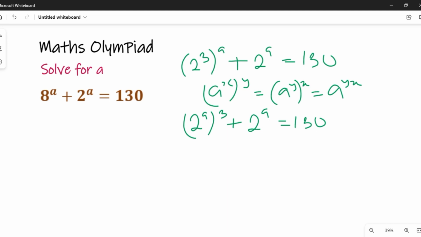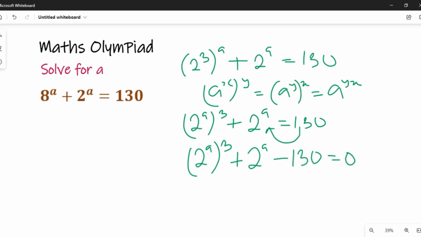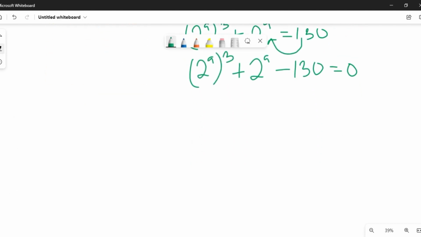Having seen that, we are going to simplify further by bringing this constant value to the left hand side. So we'll have 2 raised to power a into bracket 3, plus 2 raised to power a, minus 130, equal to 0. Let 2 raised to power a be a value, and we'll take the value to be m.